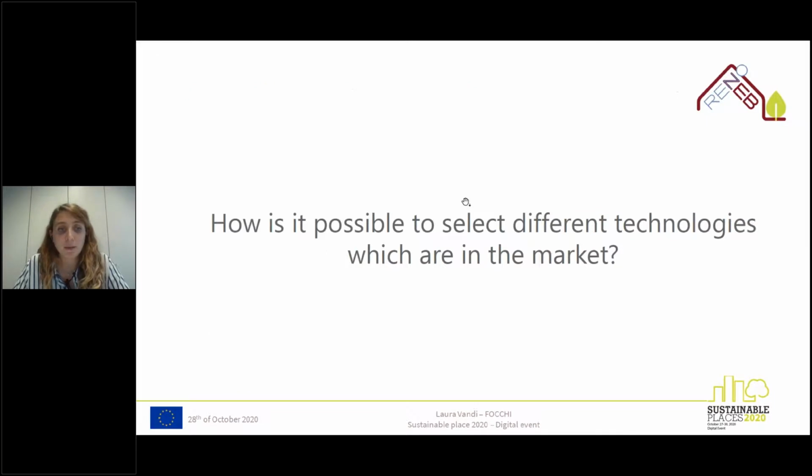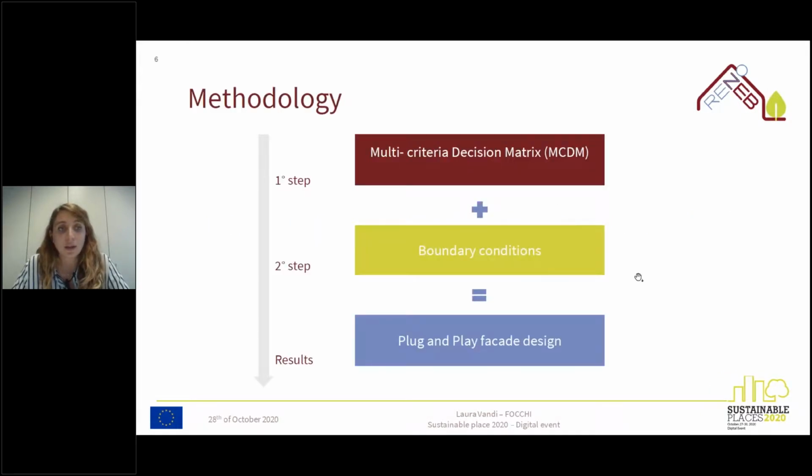But the main question that we tried to answer is how it is possible to select different products which are in the market? Because in the market we can find thousands of products for the same technologies. But how is it possible to select the most promising products which reply to the renoZEB expectation?